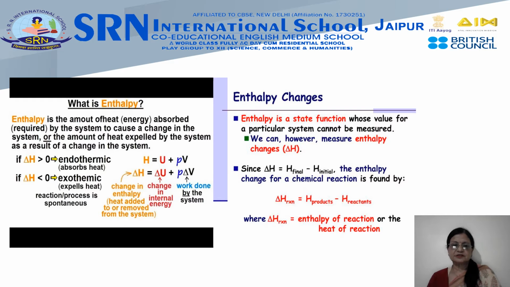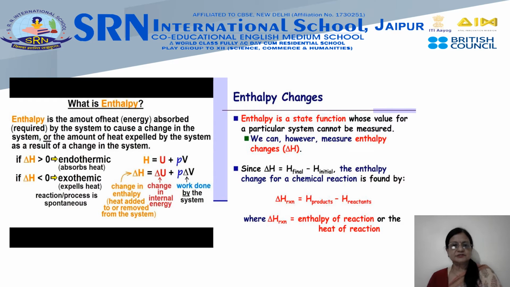Enthalpy is a state function whose value depends upon the initial and final state, and for a particular system it cannot be measured. So therefore we have to measure the enthalpy change, that is delta H, because it depends upon the initial and final state and not on the path of the system.